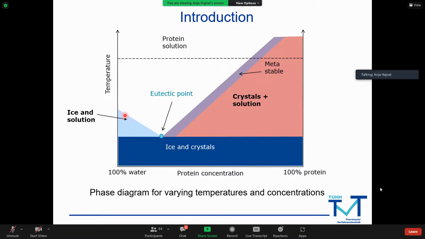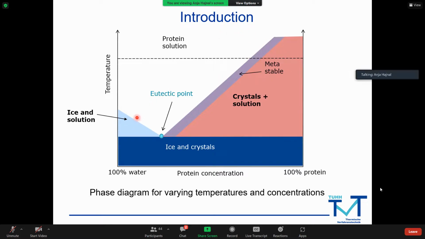Below the liquidus line, here what is marked in blue, and here what is marked in red, we have our protein solution as well as the crystals. If our initial composition of the solution was somewhere here, and we lower the temperature, we would have our solution and protein crystals when we would cool down the temperature.